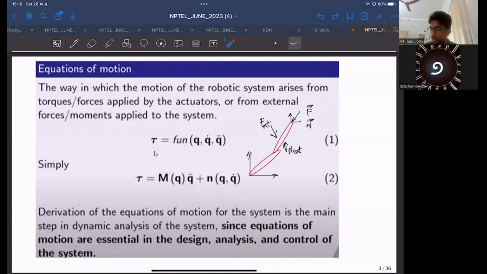We all know what an equation of motion of a single rigid body would look like, right?